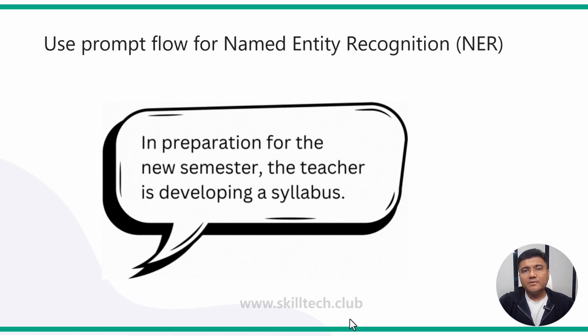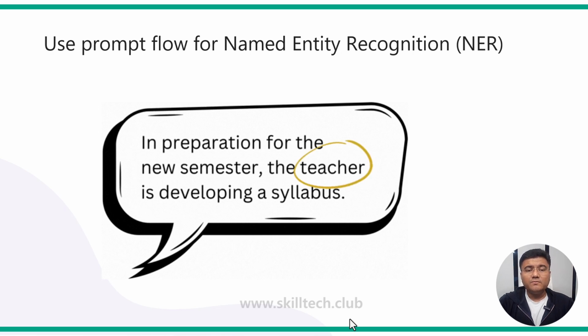Whenever you have a text, maybe you're providing a prompt or a few lines of paragraphs, there are a couple of named entities which you can extract from that. These named entities can be a person, some kind of brand, some kind of places, or maybe some kind of job role. In our case, we are going to take an example of a job role. Like you can see, I have a prompt here in which we are saying some text.